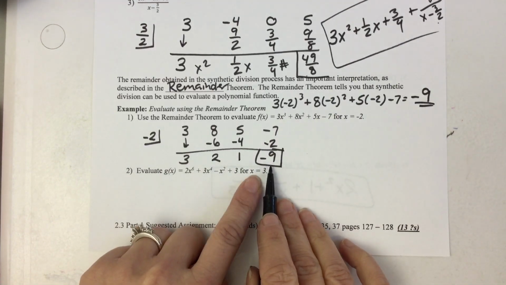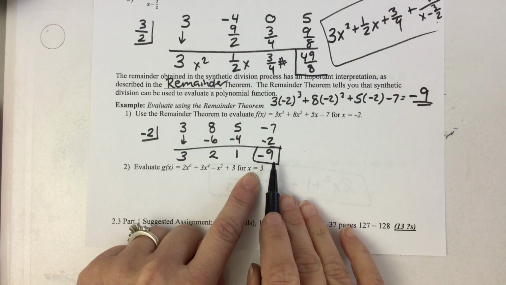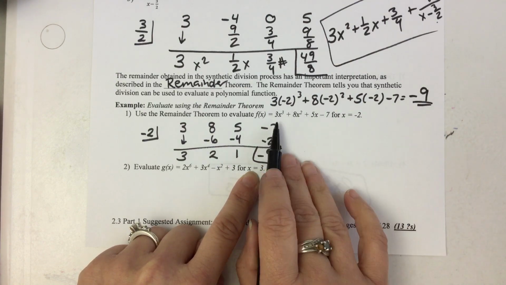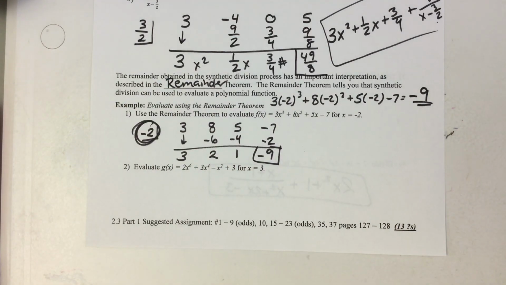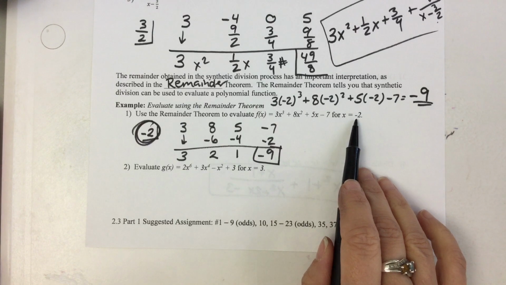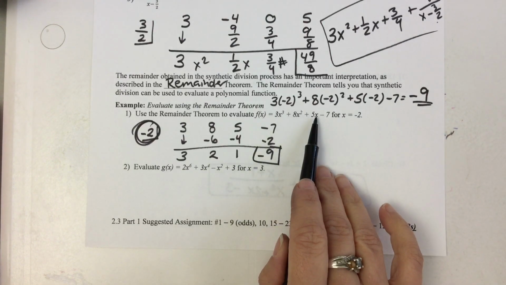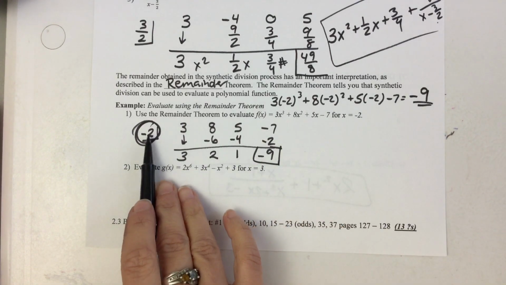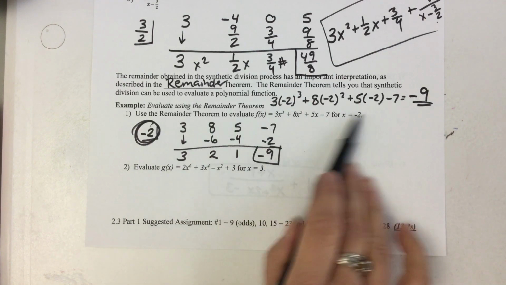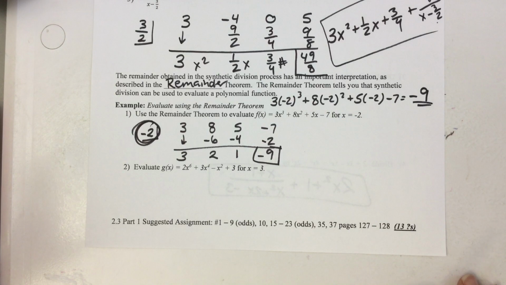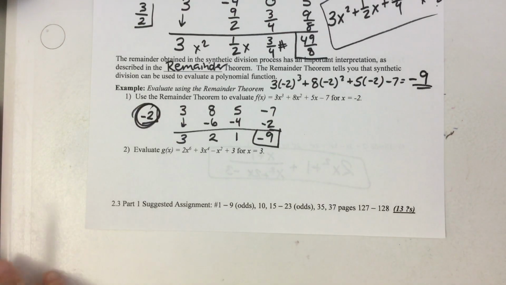The remainder, when you do synthetic division, is the same as evaluating the function for the number that's in the box. So to evaluate for -2, you could either fill -2 in for the x's, or do synthetic division, and whatever the remainder is, that's what you would get if you filled it in. Super cool. Okay, let's do one more just to make sure that makes sense.